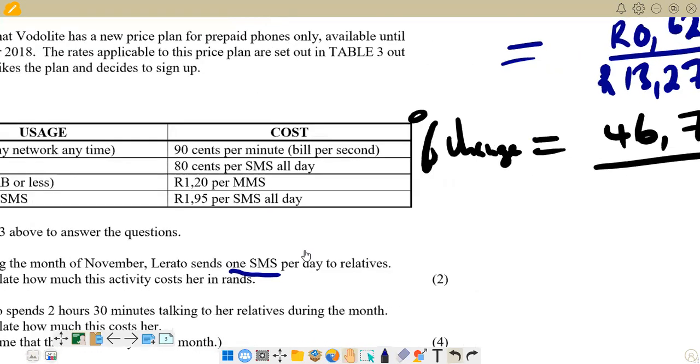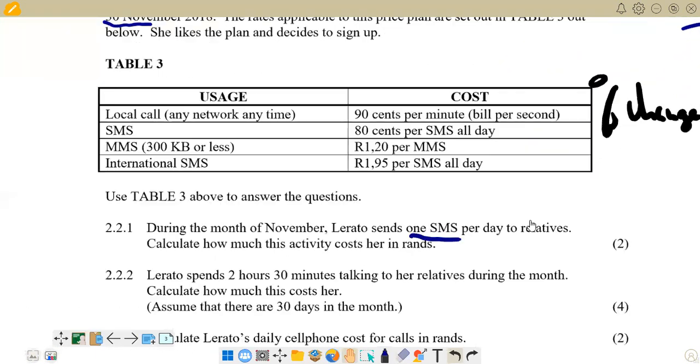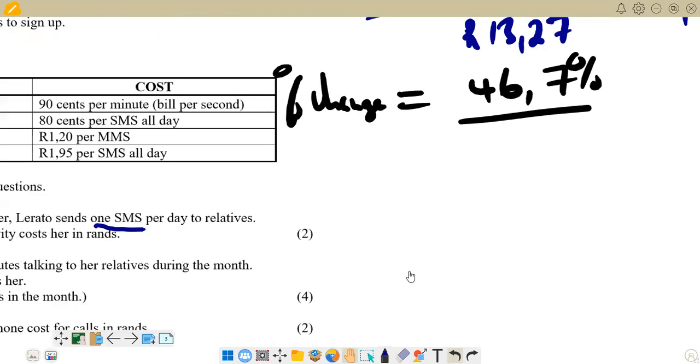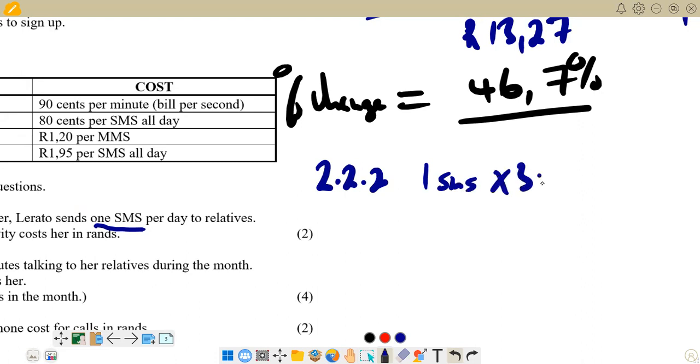So here we are now on 2.2.2. Total number of SMS, we are saying 1 SMS per day, and then you multiply by 30 days that are there in the month.